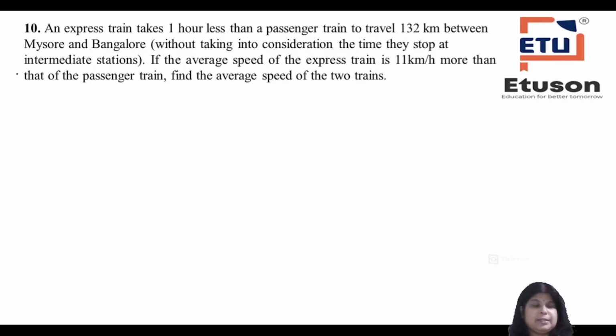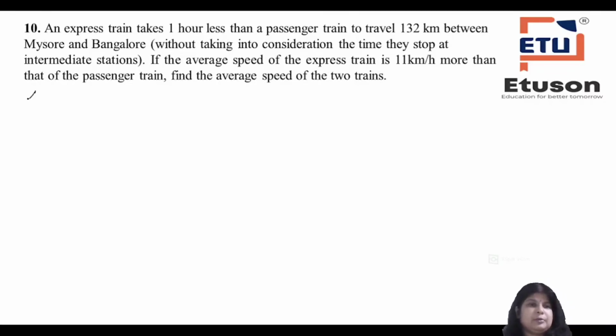So there exists an express train and your passenger train. According to your question, an express train takes 1 hour less than the passenger train, okay, and the average speed of the express train is 11 kilometer per hour more than that.